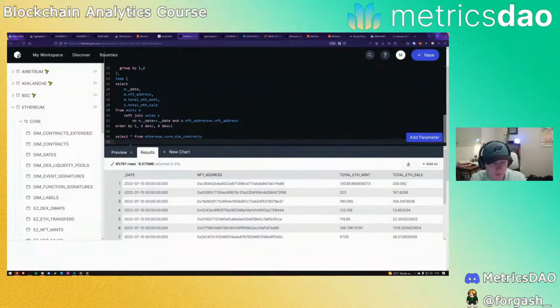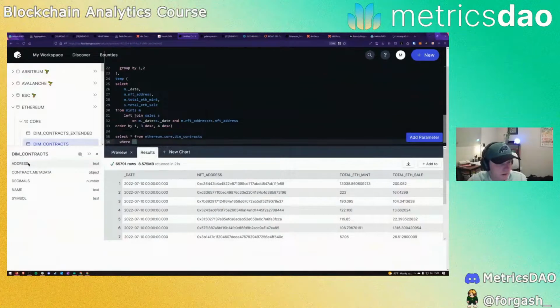But then we can use a subquery as a filter. We've got everything going on up in the CTEs, developing out this result set, which is NFTs minted in the past 30 days and their sale volume on each individual day. And we only want to look at the NFT addresses for that. So I can use a where clause and a parentheses to say where address, address being from DIM contract.